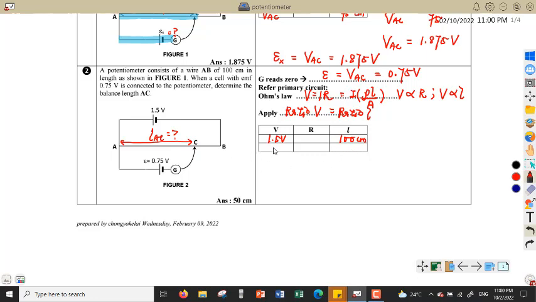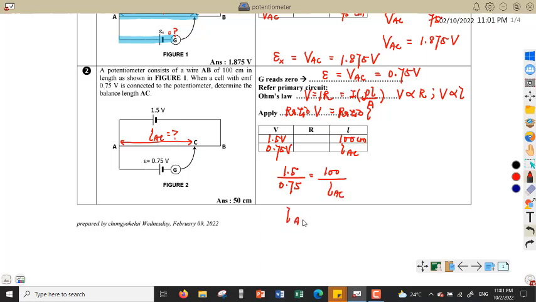If the voltage across the balance length is 0.75 volt, how much is the corresponding length? We can determine it using the ratio: 1.5 over 0.75 will be 100 over length AC.